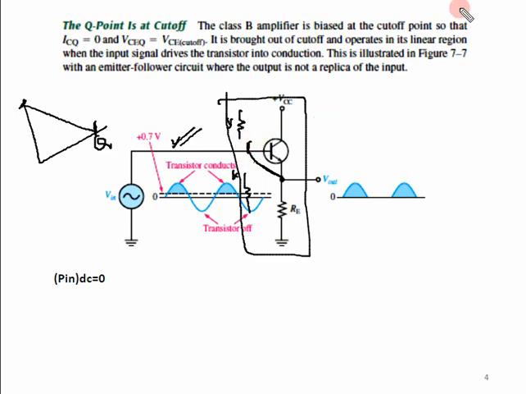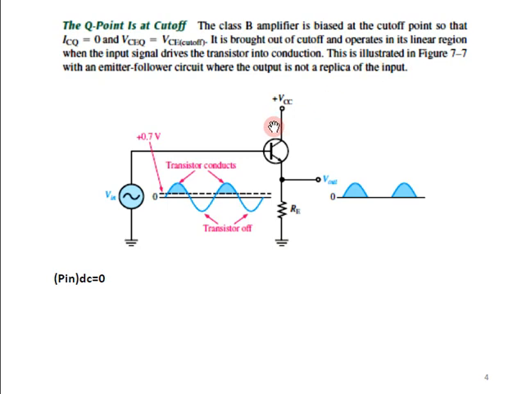So we can see there is no R1 and R2 over here in the class B amplifier. That's why we say the amplifier is in the cutoff region. This Q point is somewhere over here.